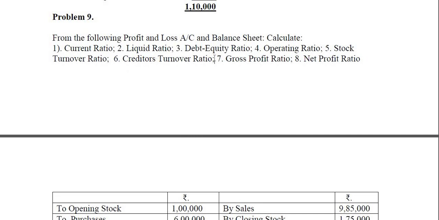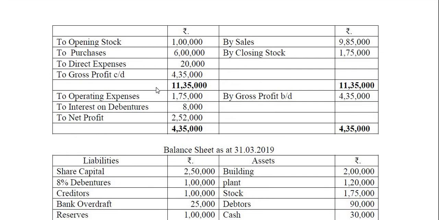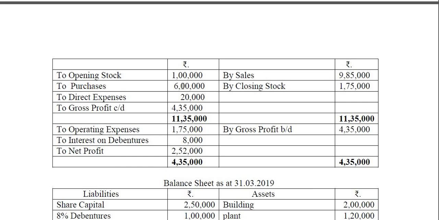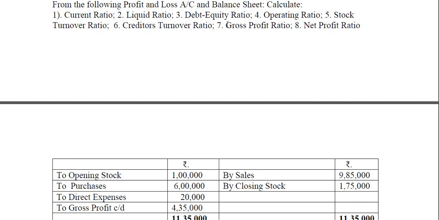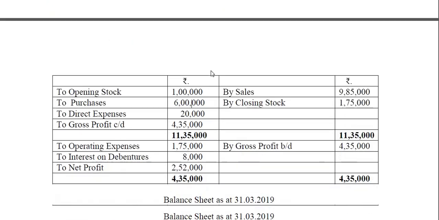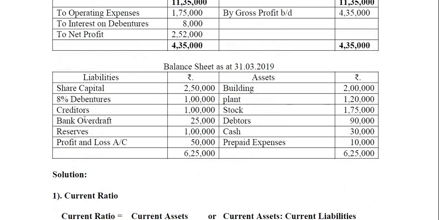Creditors turnover ratio. Net credit purchases divided by average accounts payable. So net credit purchases. If nothing is given, you have to take purchases as it is, 6 lakh. Accounts payable means here you find creditors as well as bills payable, and you come across here bank overdraft. So I'm sorry.